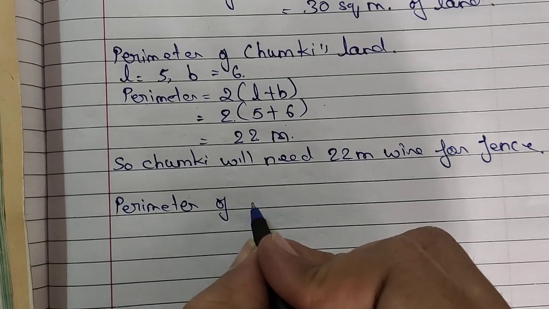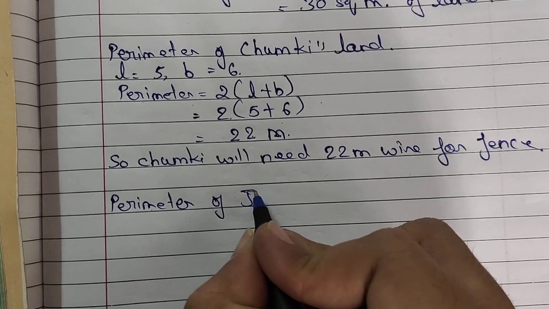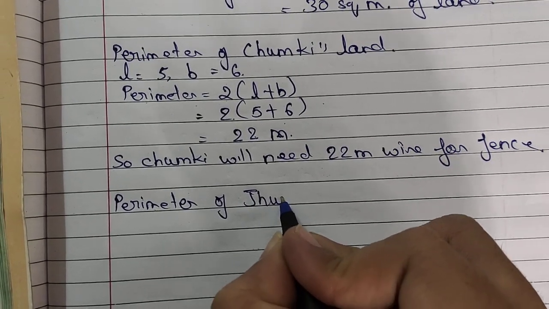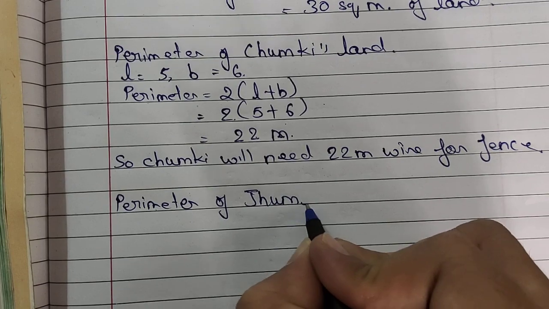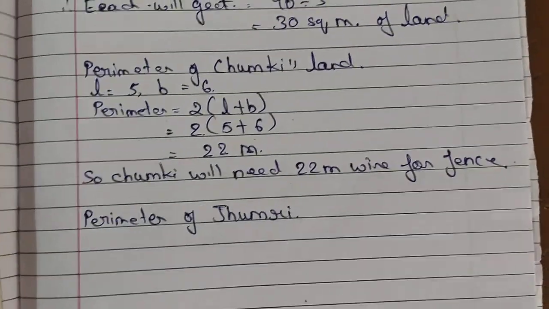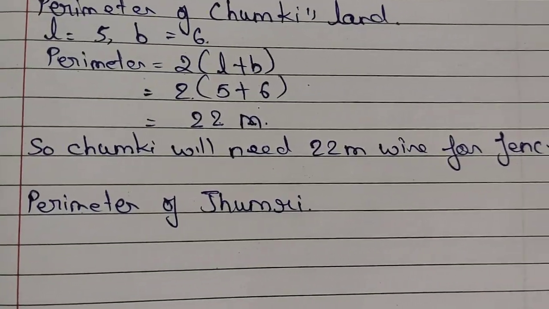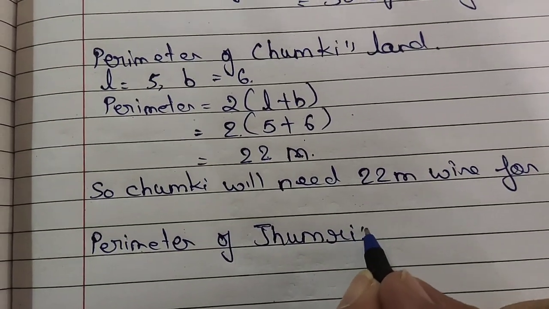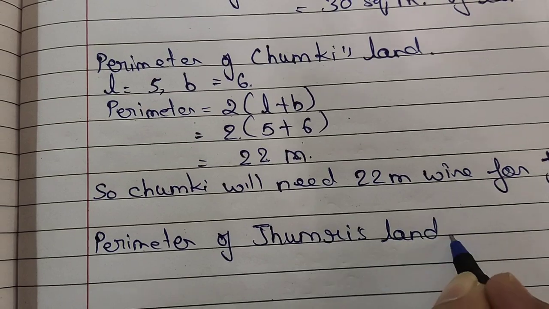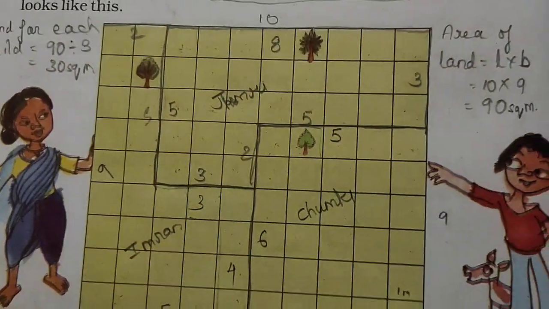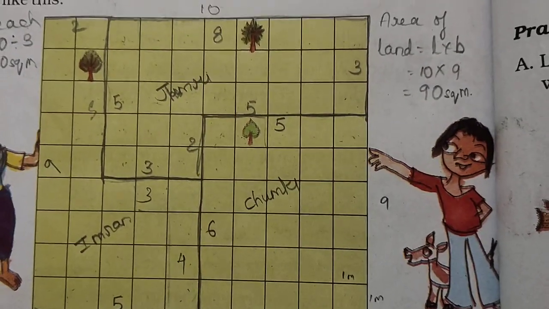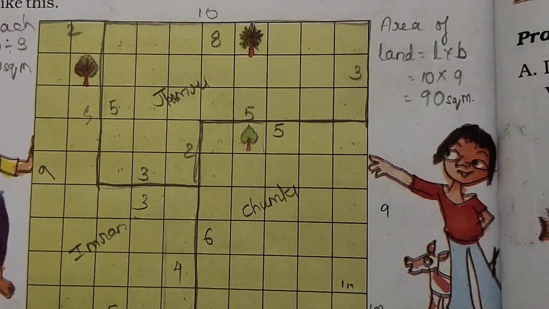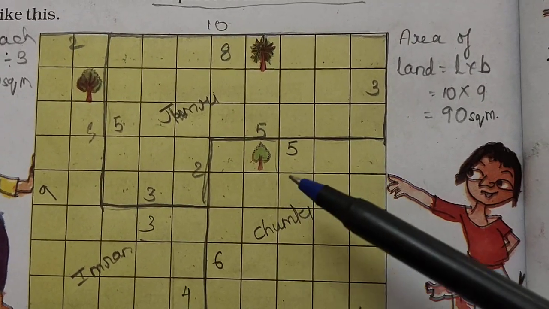Now next is the perimeter of Jhumri's land. Now Jhumri's land is not in an equal or regular geometrical shape. So for this, what are we supposed to do?